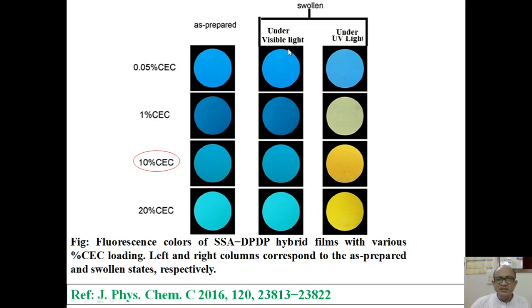This is under visible light, ordinary condition, and you can see no color change, but when we expose this swollen or wet film under UV light you can see the color change, while in ordinary light you cannot.